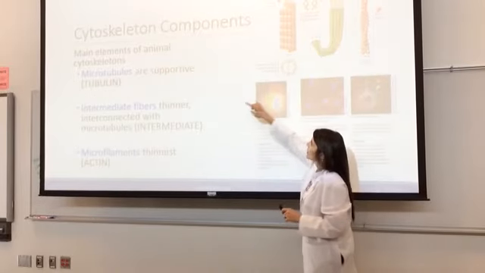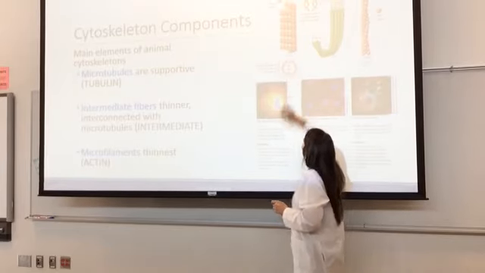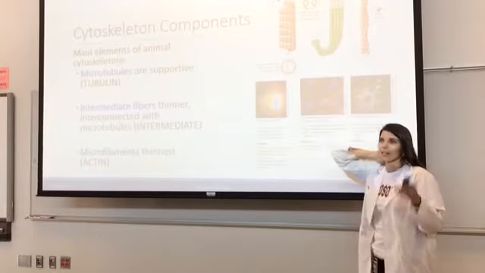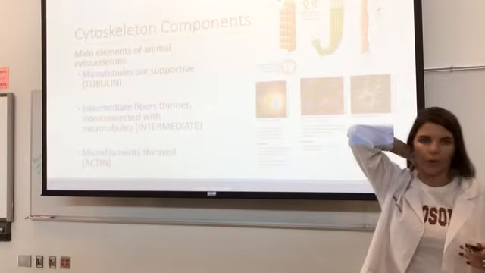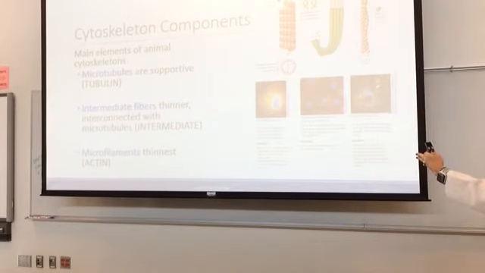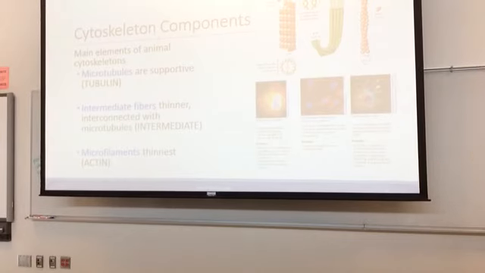This is the large one, the microtubule. Do you remember what this open area is called? The lumen. You're going to see this come up over and over again. The lumen is the largest in the microtubules, because they're the biggest, and it gets smaller and smaller until it's non-existent when you get to the smallest one.